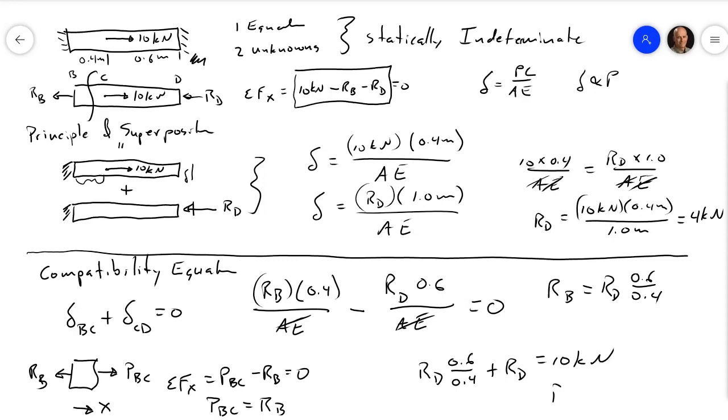And so the reaction at D equals 10 kilonewtons over 0.6 over 0.4 plus 1 equals 4 kilonewtons. The same result we got with the principle of superposition.